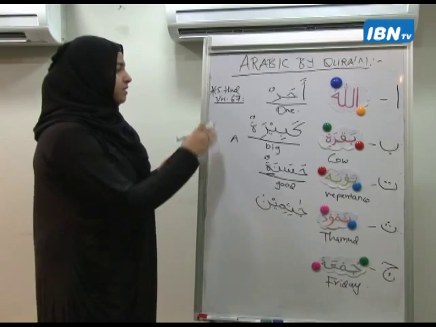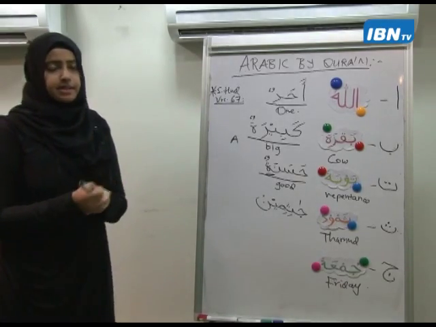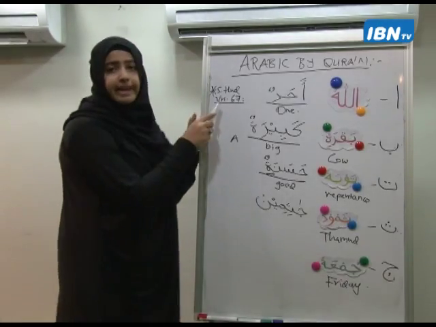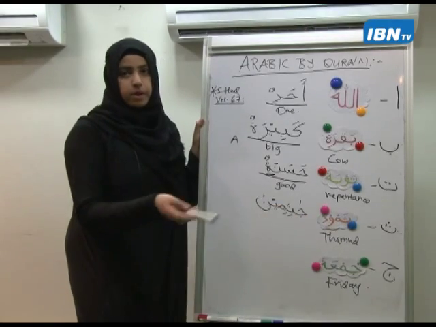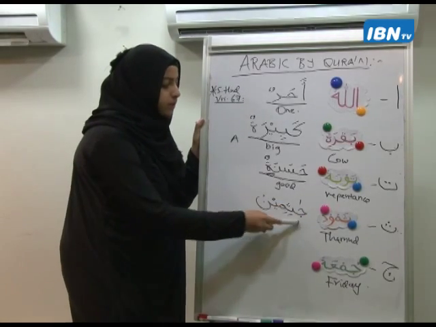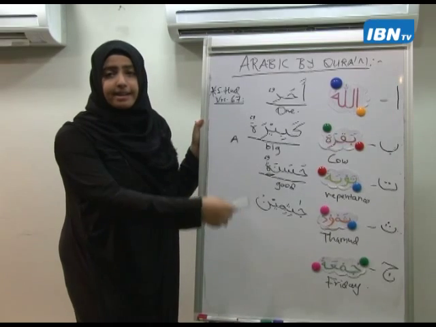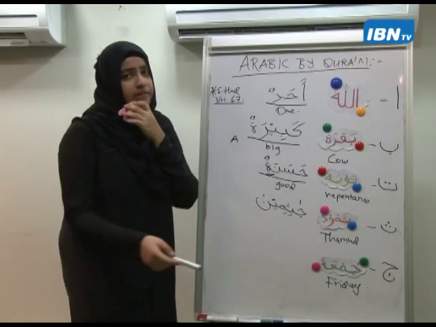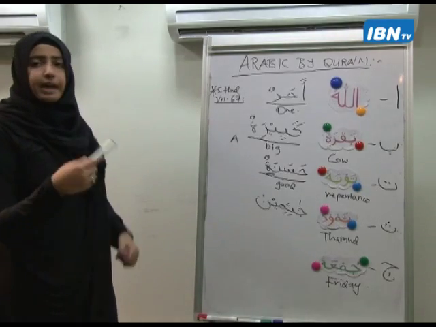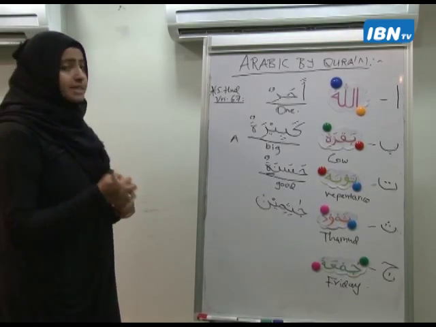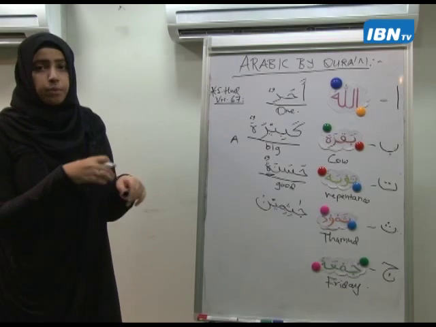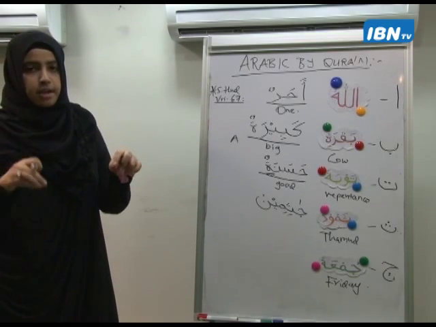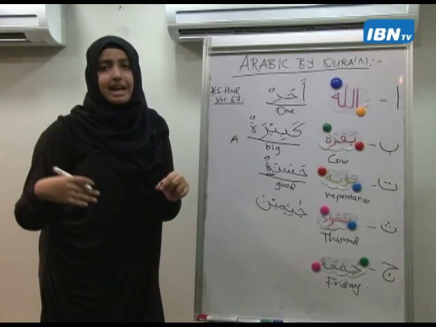Now in the verse itself, you will not find the word Thamud. You will just find the word Jathimin. But this word Jathimin refers to the people of Thamud. If you want to understand one verse, you have to look at the siyaq, the flow.